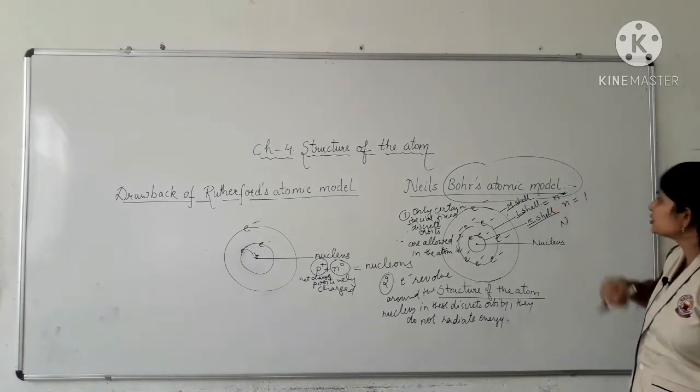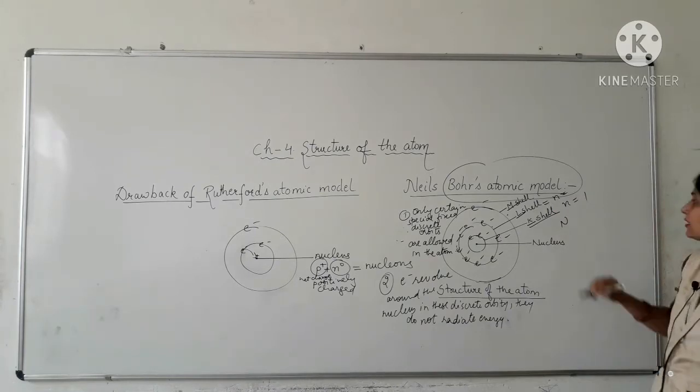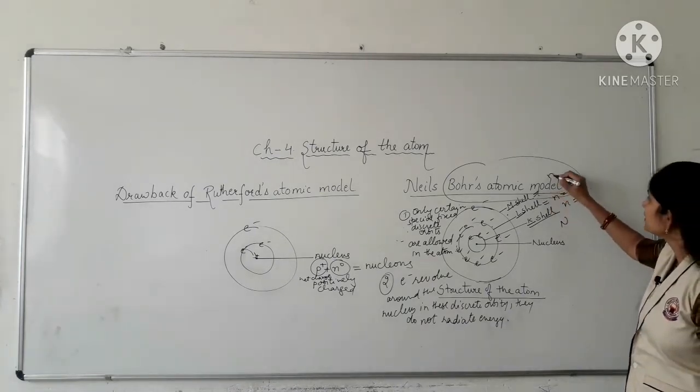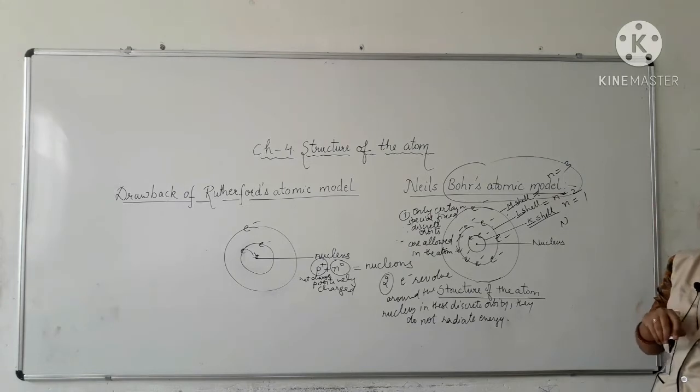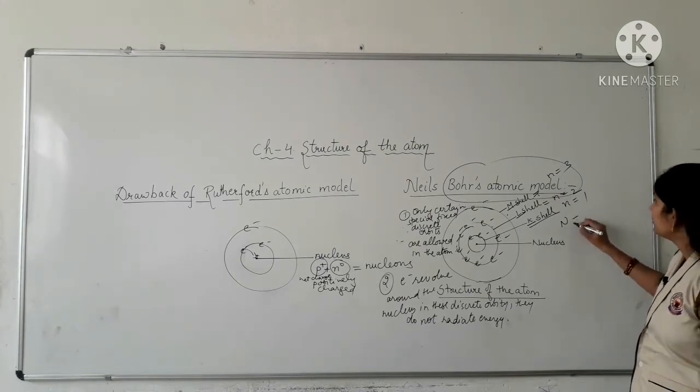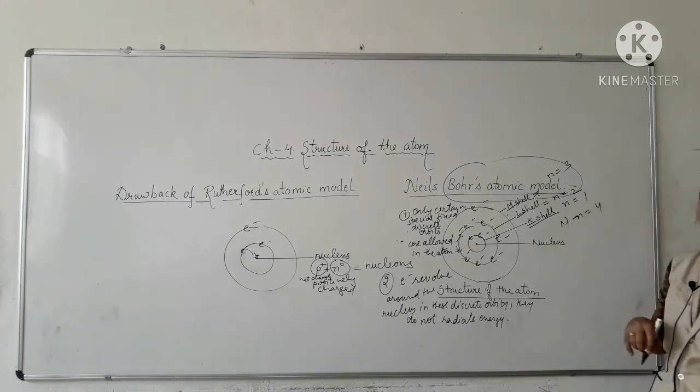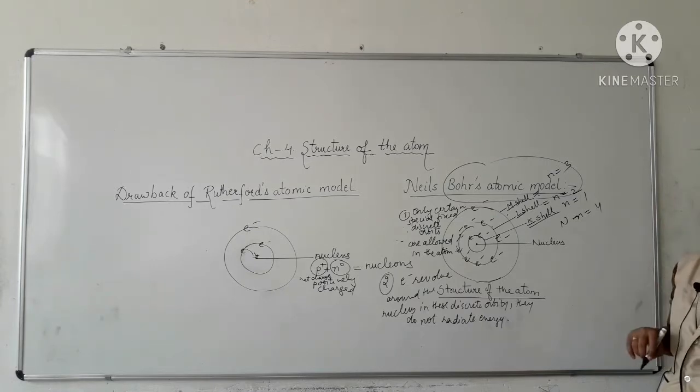L is the second shell, so we denote its number with 2. M is the third shell, we denote its number with 3. And N is the fourth shell, so N is equal to 4.